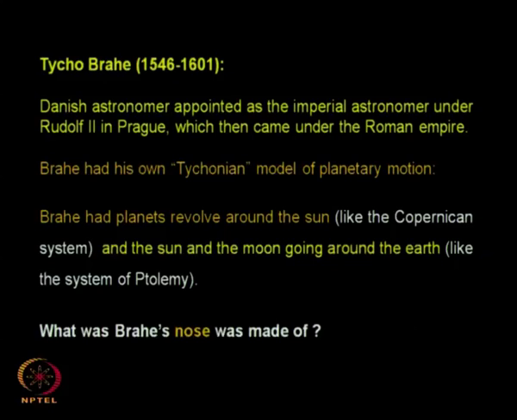And although this has nothing to do with the topic, I thought I would ask you if you are aware what Tycho Brahe's nose was made of. Maybe some of you know the answer: it was made of gold.